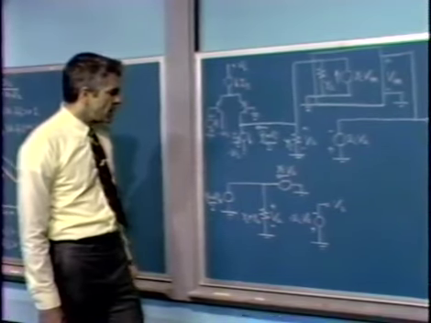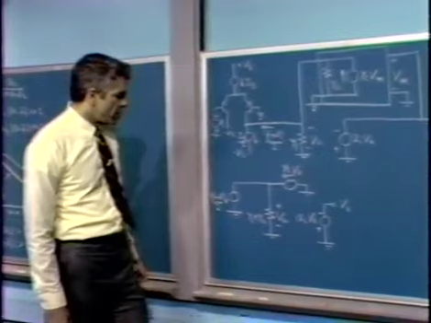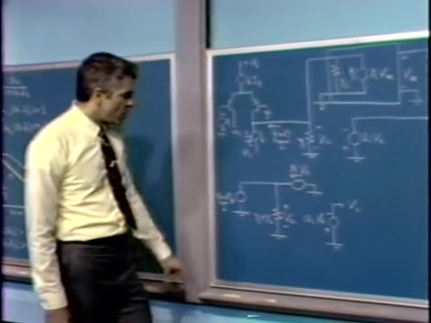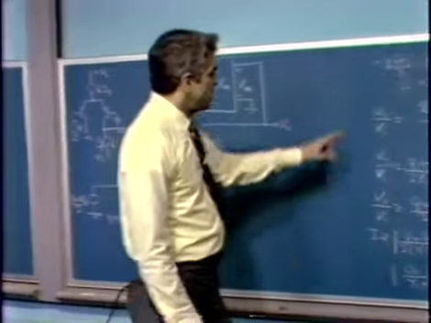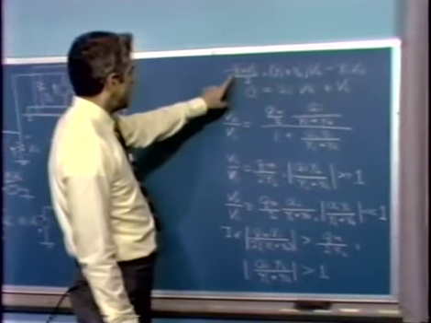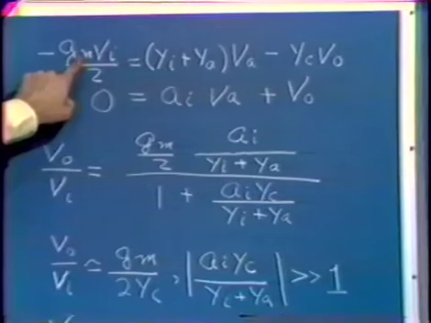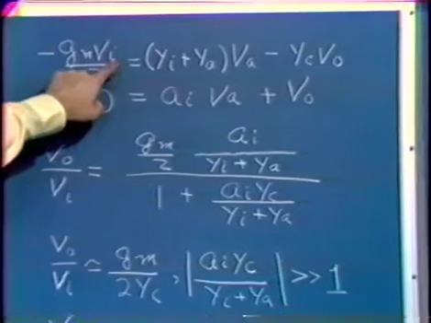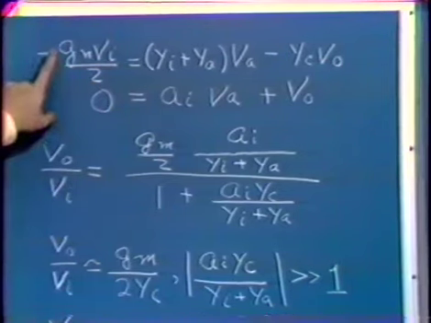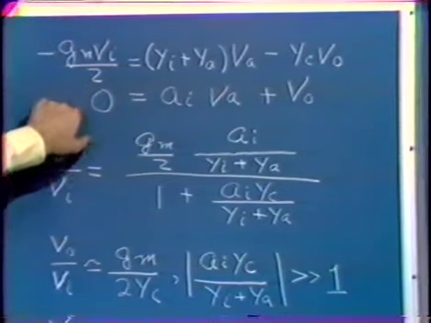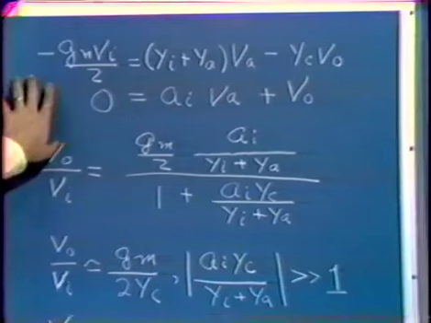We can most easily determine that quantity by first writing a node equation at this node, and that's the equation shown here. We have a current coming out of the node that's GM VI over 2. If we move that over to the left, we get a minus GM VI over 2 on the left side of the equation.